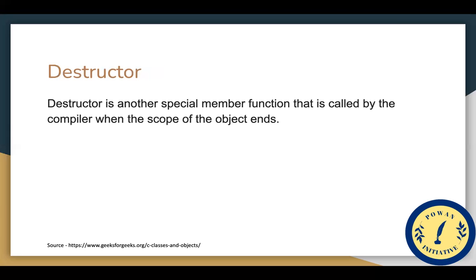Let's have a look at our next topic, which is the destructor. A destructor is another special member function that is called by the compiler when the scope of the object ends. In any program, whenever we initialize a constructor, it is always important to free up the space that the constructor or the data members have occupied.